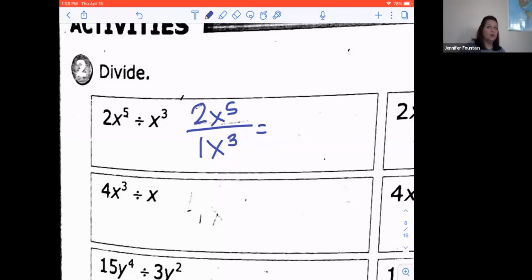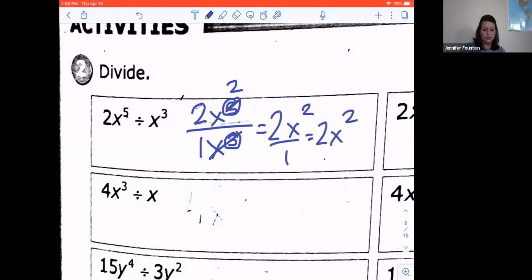And what is 2 divided by 1? 2. Okay, now I have x to the 5th over x cubed. That means I'm going to say 5 minus 3 is 2. So my 3 cancels, my 5 becomes a 2. So I have 2x squared. I only have a 1 in my denominator left, so my answer is 2x squared.